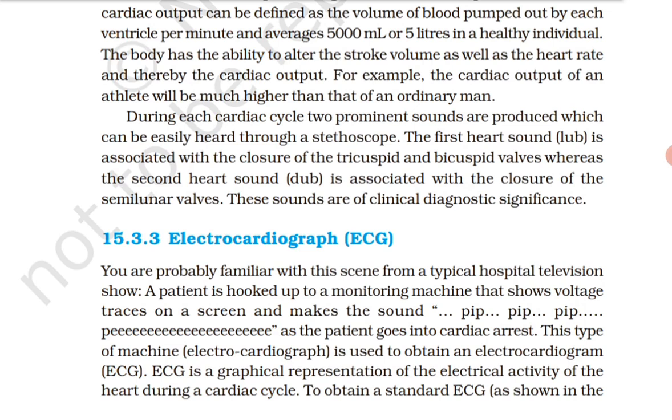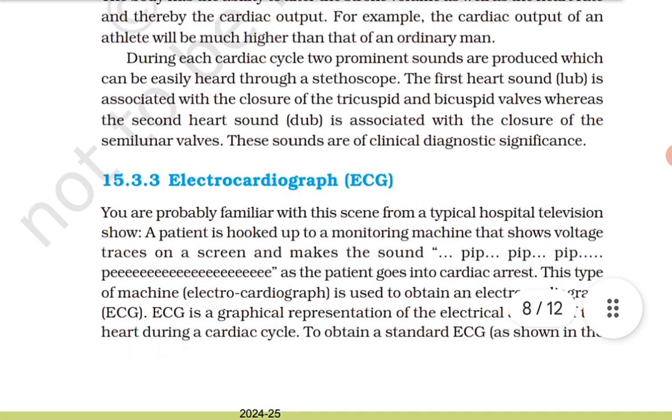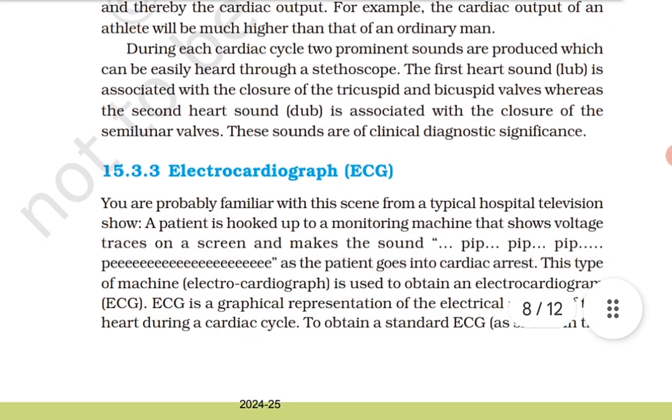As the ventricular pressure increases further, the semilunar valves guarding the pulmonary artery, that is right side, and the aorta, that is left side, are forced open, allowing the blood in the ventricle to flow through these vessels into the circulatory pathways.